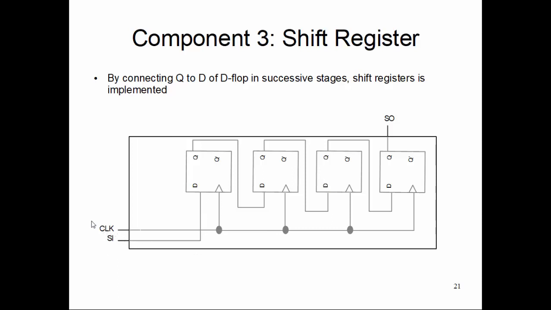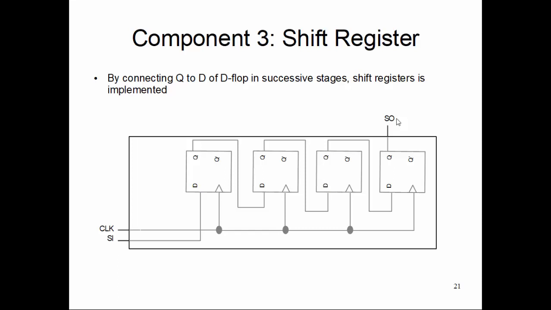So SI stands for scan in and SO stands for scan out. Just for your information, it is more related to digital testing and built-in self-test and all these techniques, but not important for this class. Important is to understand this concept, what is going on in this shifting of the register.